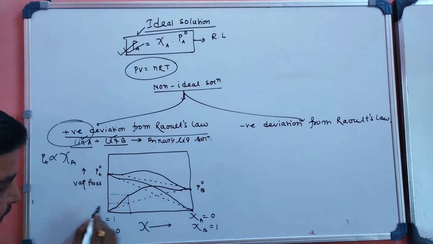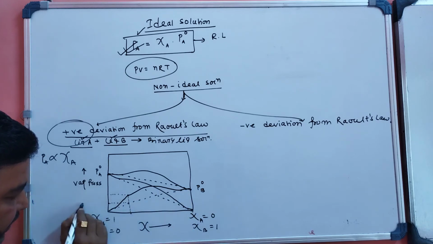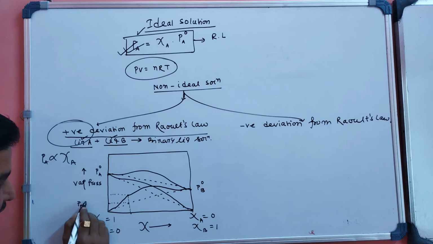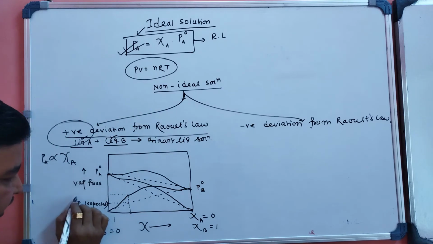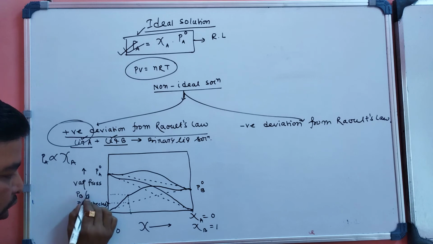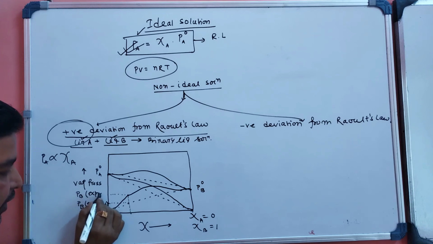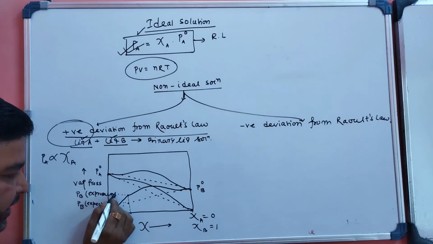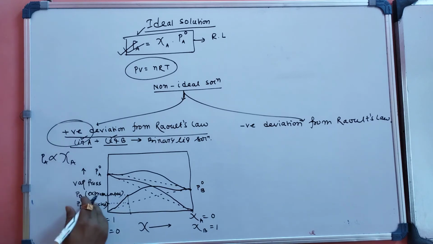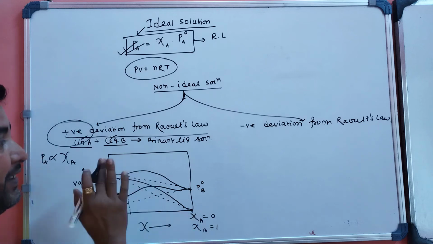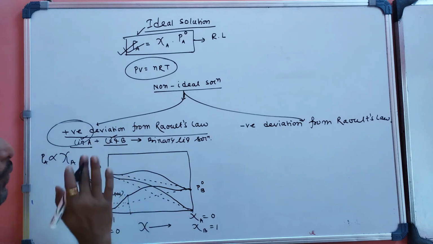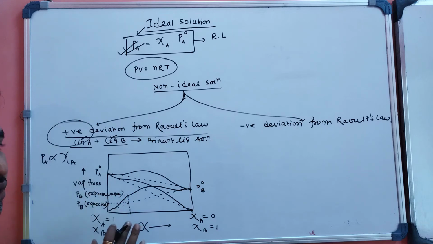This line is for liquid B. This is the vapor pressure PB expected from Raoult's law, and this line is PB experimental. So what does it indicate? When the experimental vapor pressure is higher than the vapor pressure expected from Raoult's law, then the solution shows positive deviation from Raoult's law, and it is a non-ideal solution.